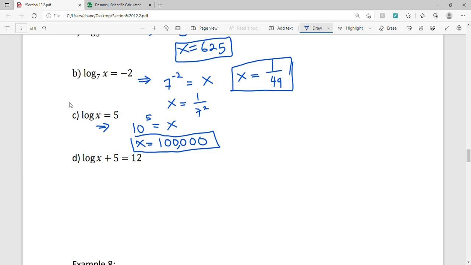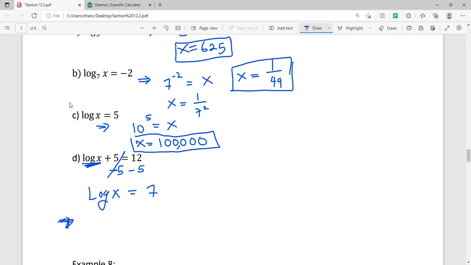For part D, a lot of students make the mistake of not isolating the logarithm first. That's what we need to do first. So start by subtracting the 5 from both sides, and that will isolate the logarithm. This is log of x equals 7, and then we can translate it with exponential notation.